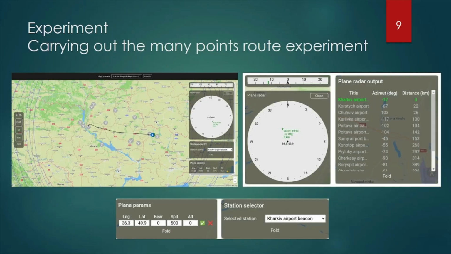When the scenario is launched, the interface constantly shows changeable plane parameters, such as speed, altitude, bearing, and coordinates. The plane radar shows beacons with their coordinates and heading to them. Also, we can change the station to interact with.